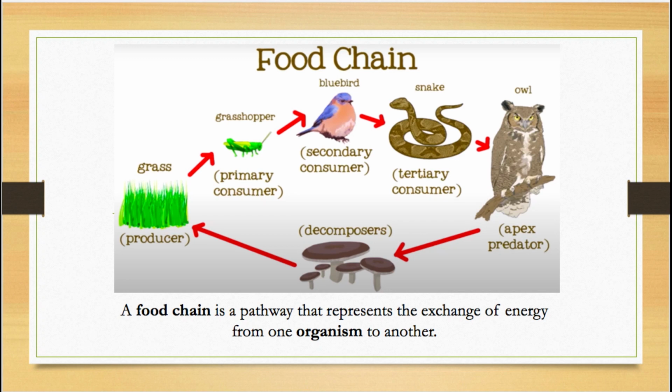Okay everyone, after you see this video, you understand a little bit more about the food chain. You can find the connections between living things around you. From the video, we can conclude that, first, a food chain is a pathway that represents the exchange of energy from one organism to another.